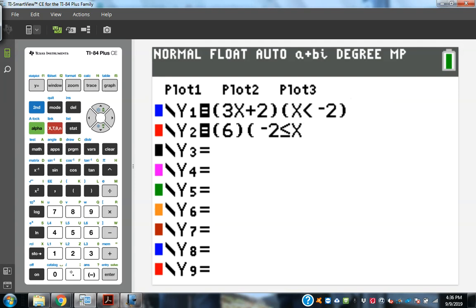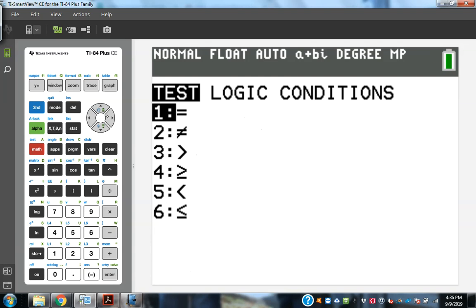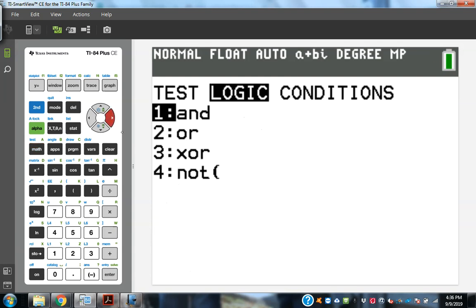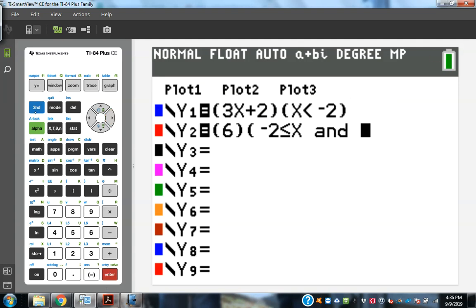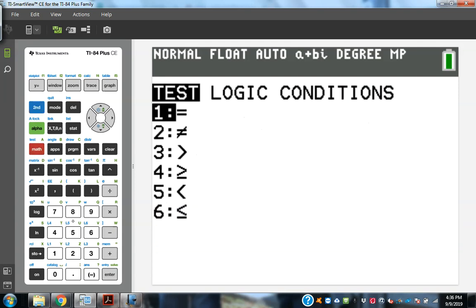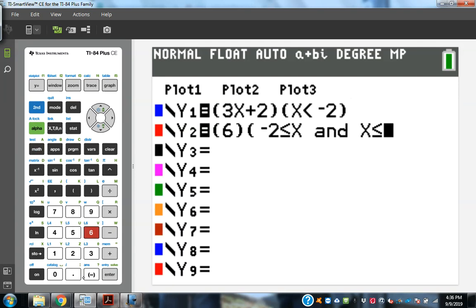Now I need the word and, and you've got to go second math, go over to logic to get the and. Okay, and then x, second math, less than or equal to, 6, 4. Let's close the parentheses and see if that'll graph for us.